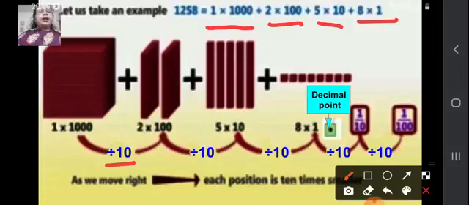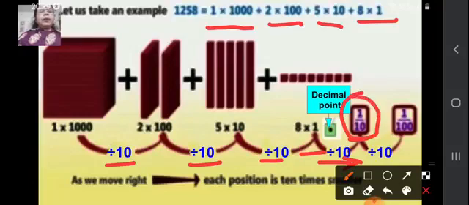Then from 100 to 10, tens is 10 times smaller than the hundreds and ones are 10 times smaller than the tens. Similarly, when we go still right from the ones, then comes the decimal and the first digit after the decimal is 10 times smaller than the digit at ones place. So, this is expressed as 1/10 or tenths place.